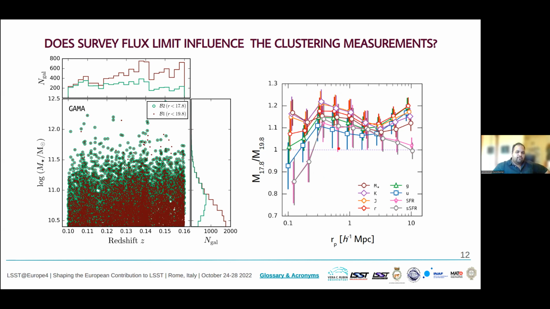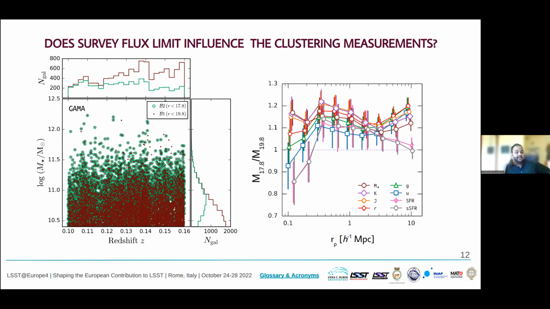Now we wanted to go further in the study with much brighter flux limits, but unfortunately GAMA had limitations in its number of galaxies at those limits, which is actually important for clustering studies.